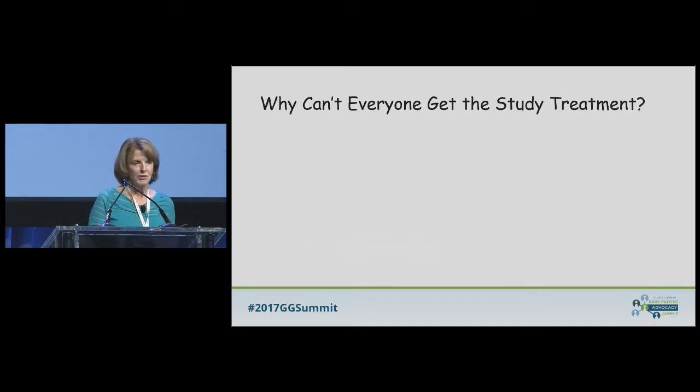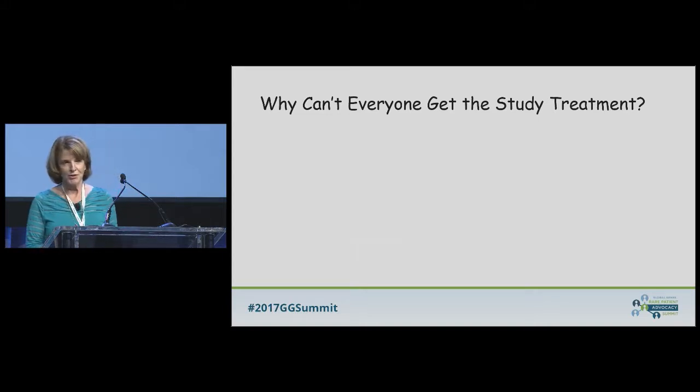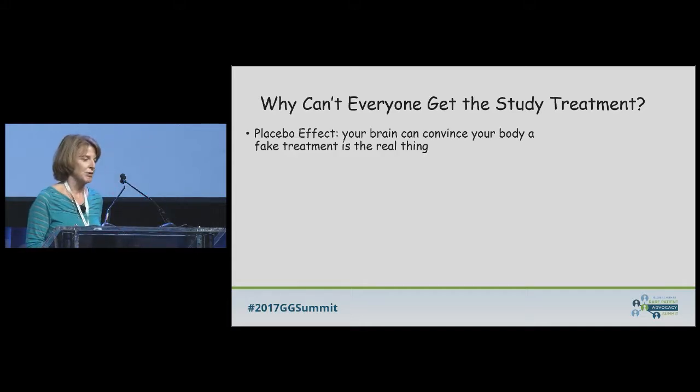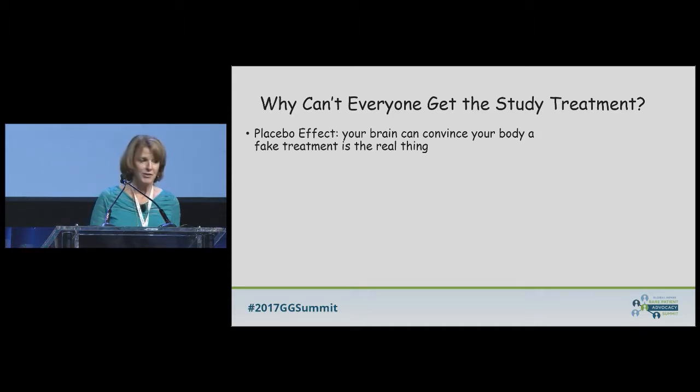And from a statistical point of view, you are able to achieve more power with a crossover design. One of the frustrations we see a lot, especially on the rare disease side, is why does the study need to have a control? Why does it have to have a placebo control? Why can't everybody get the study treatment? A big part of this is the placebo effect.